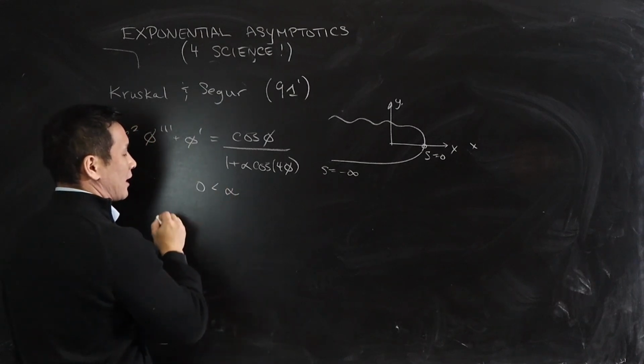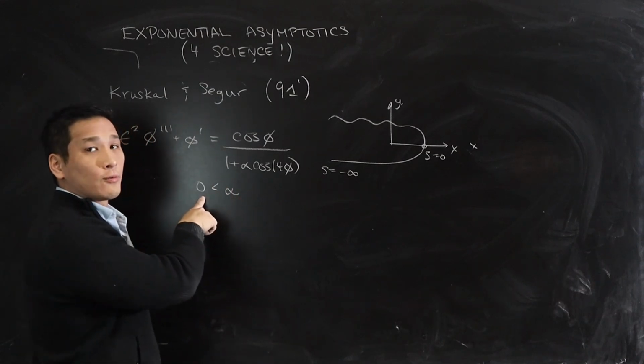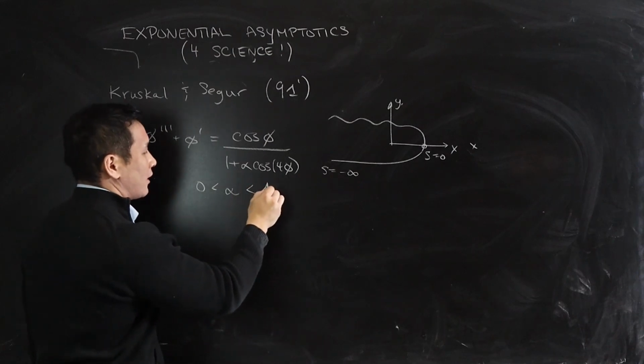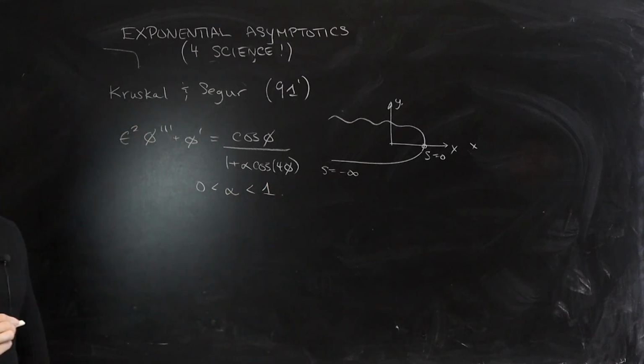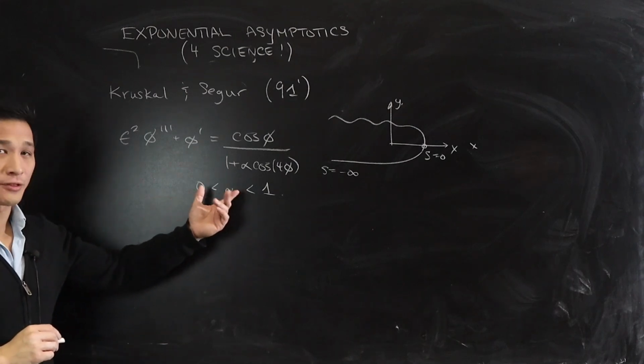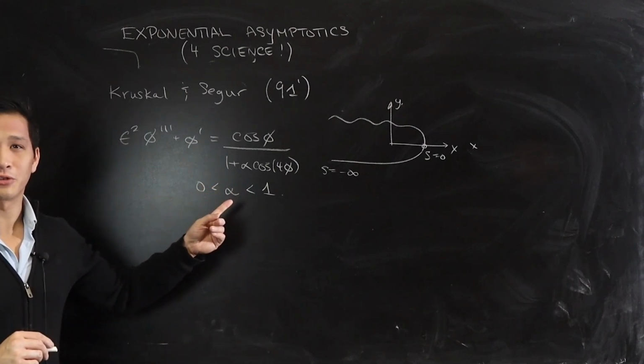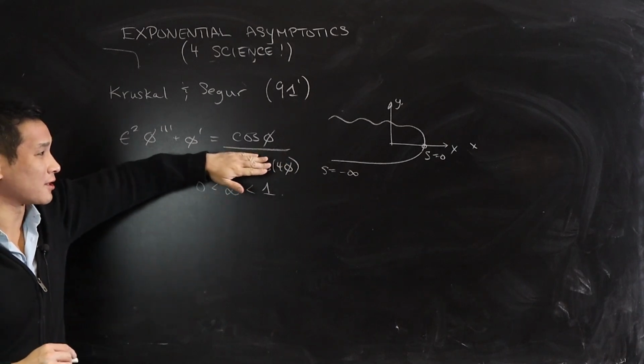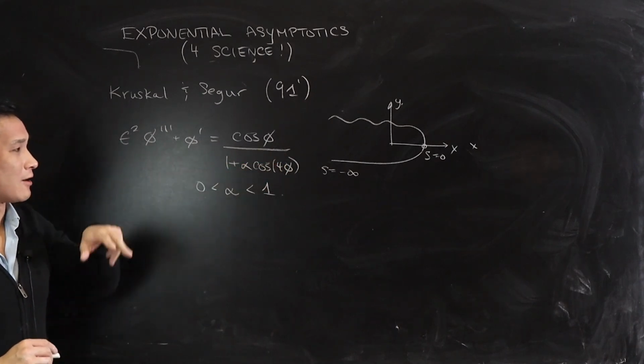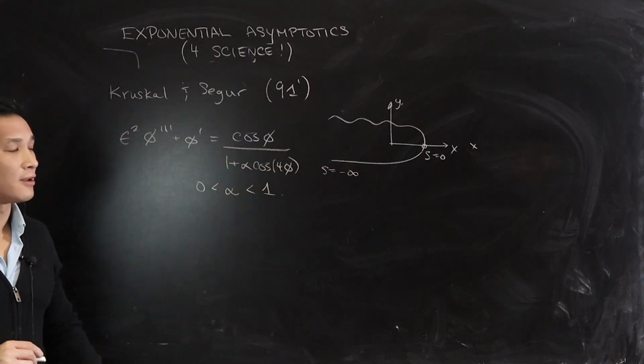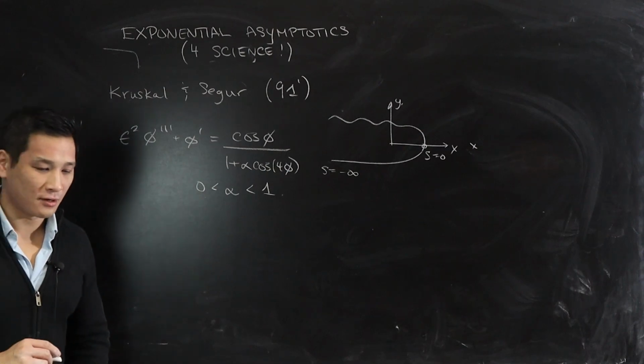In the limit that alpha tends to 0, you recover the original problem, and alpha is between 0 and 1. And so now this problem does admit solutions. Just by introducing this denominator with 1 plus alpha cosine of 4 phi, it will admit solutions.